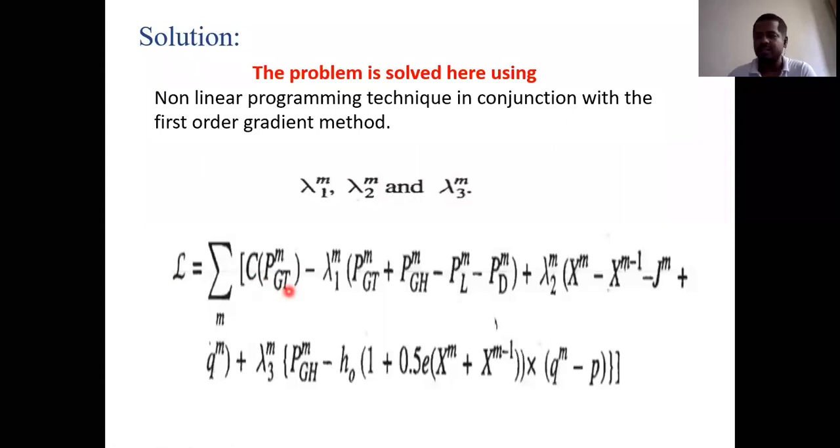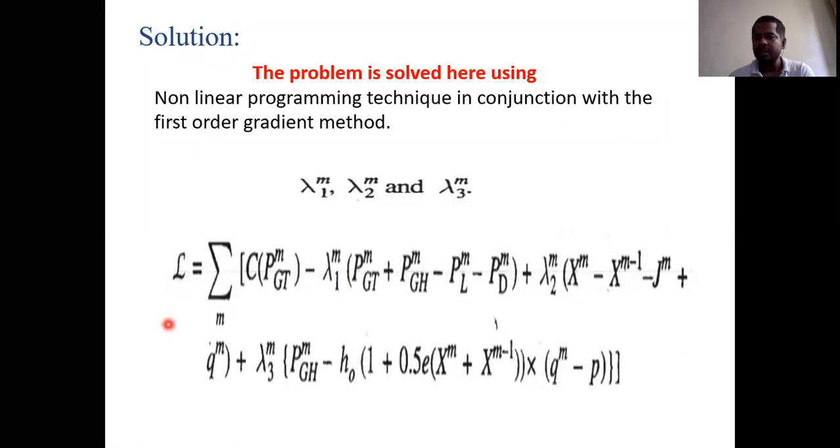It is not independent. Similarly, PGH is power generated in a hydro power plant. It is also not an independent factor. And one more parameter is X, which is storage. Storage is also not an independent parameter, because it completely depends upon water inflow. So in this equation, PGTM, PGHM and XM are the dependent variables. With respect to these three, we need to differentiate our auxiliary function.